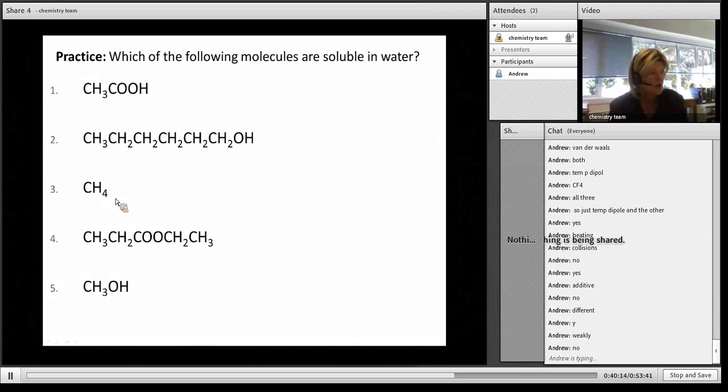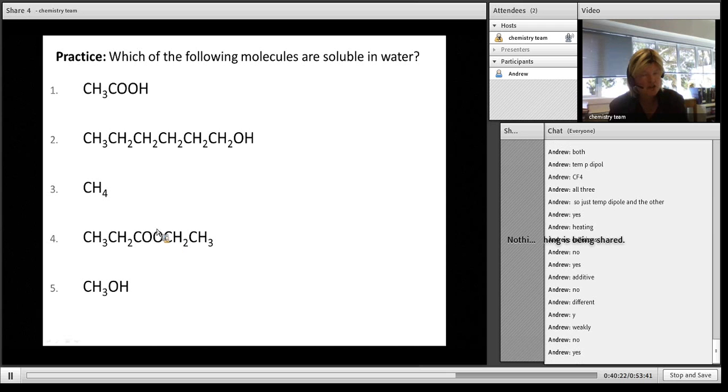water. What about this ester? It's actually ethyl propanoate. It's got oxygen, so it can't form hydrogen bonds in itself. It's got the oxygens, so water could form hydrogen bonds with it, but it's one of these in-between ones.